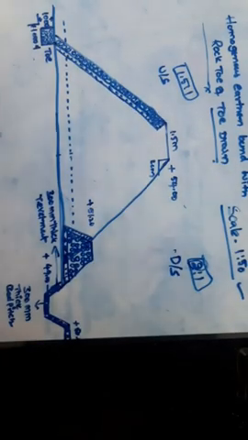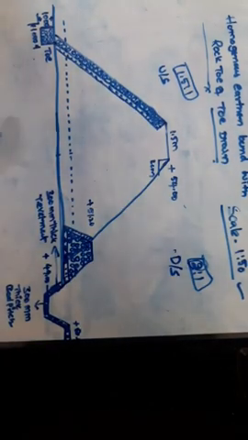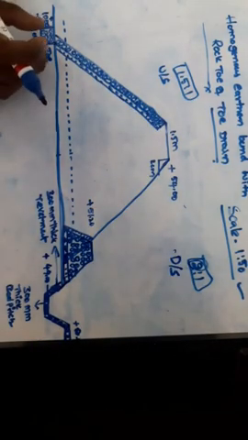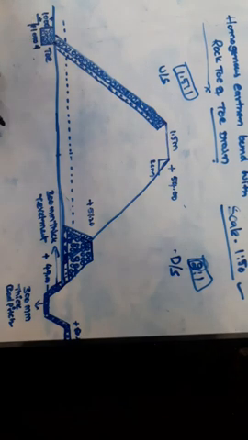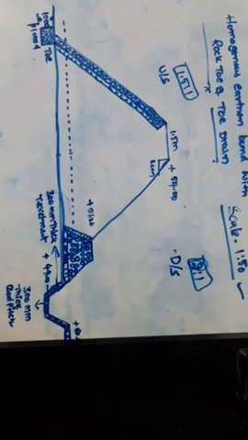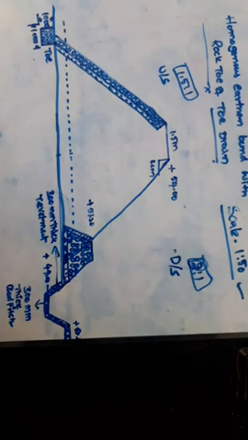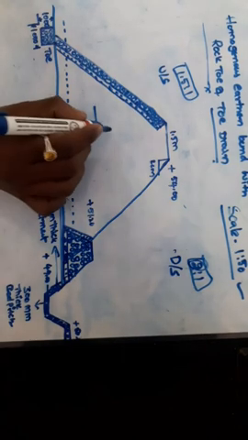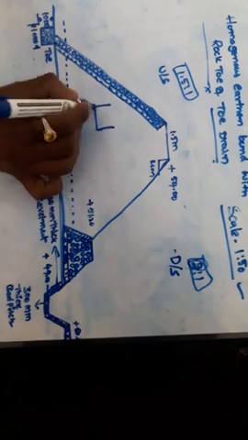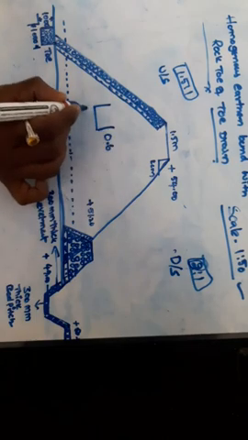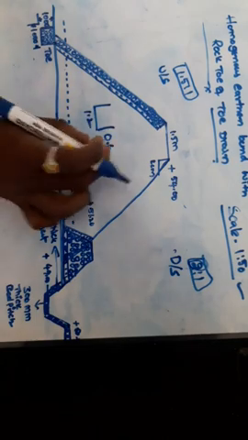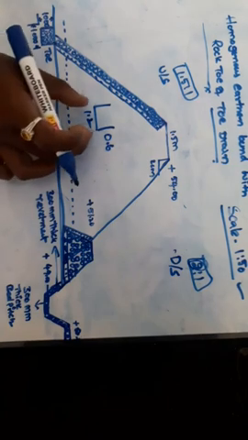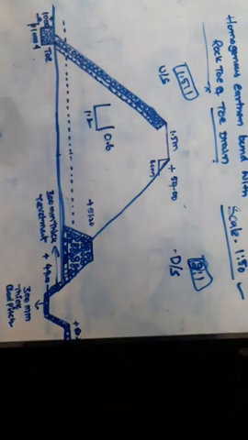First of all we have to take the width of the key trench 1.2 meter, the depth of the key trench 0.6 meter. See here, the width of the trench 1.2 meter, the depth of the trench 0.6 meter.